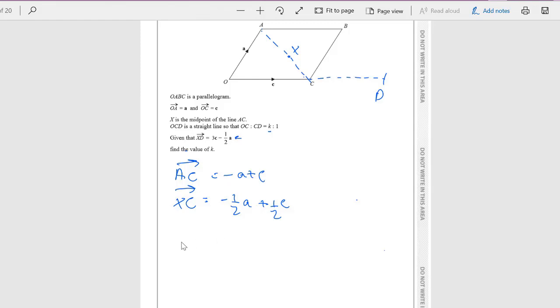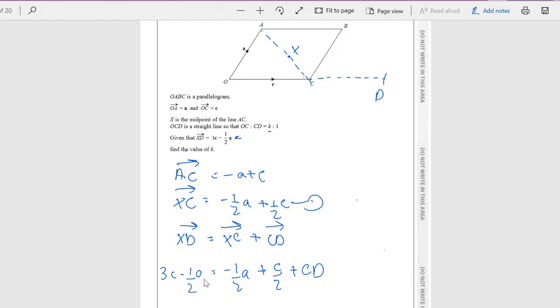And we know that XD equals XC plus CD. So we know what XC is from here. So let's sub that in. So minus half a plus half c plus CD. We know what XD is because it tells us here. So 3c minus half a.